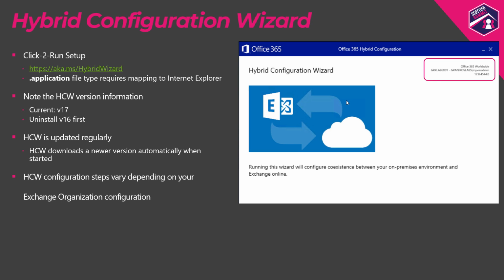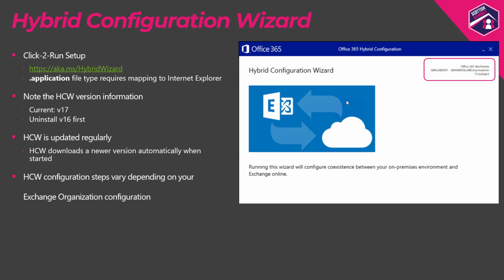So just a quick run through to the hybrid configuration wizard, which is since last year in version 17. You can download the click-to-run setup using aka.ms/hybridwizard. If you encounter any issues running or starting the click-to-run application, ensure that the .application file type is mapped to the Internet Explorer application on the server.